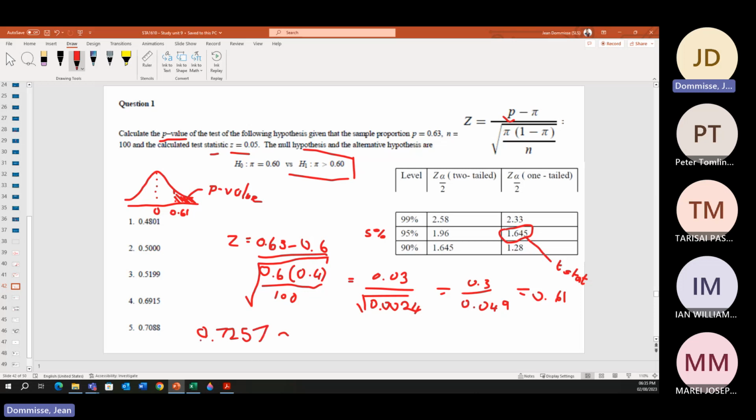So then my answer would be 1 minus this, and I would get 0.38. So let's just see where I have gone wrong here.